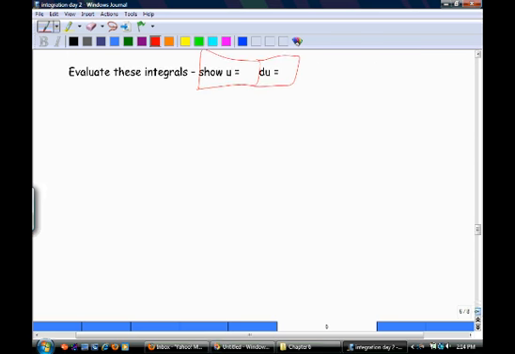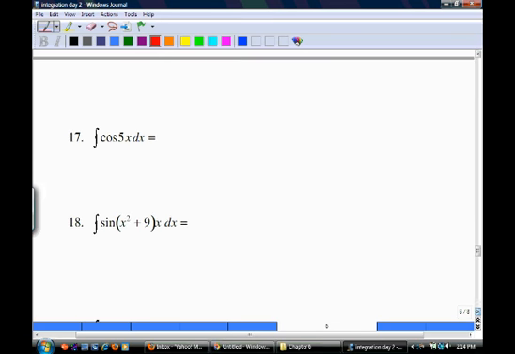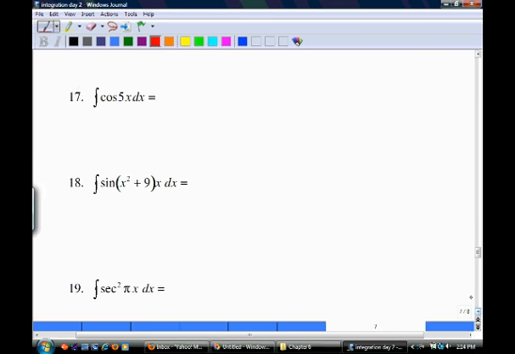We're going to let u equal 5x this time, which means that du is equal to 5 dx. And if you want to do it Mr. Howell's way, you divide, right? dx is equal to du over 5. And then you kind of know what your coefficient is. It's going to be 1/5 times the integral of cos u du.